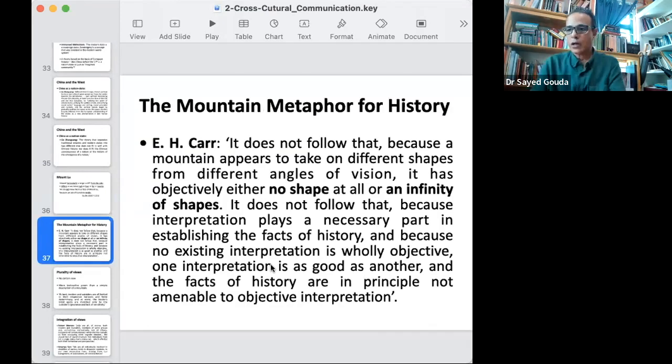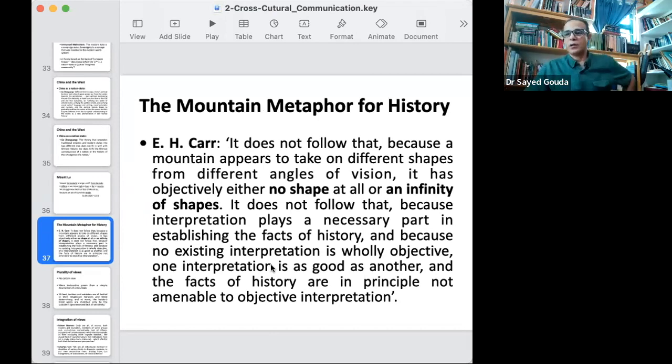E.H. Carr would not take Mount Lu as a metaphor for history, a metaphor for understanding Chinese history. So let us consider Mount Lu as Chinese history, and ask which approach to study this history is the best.